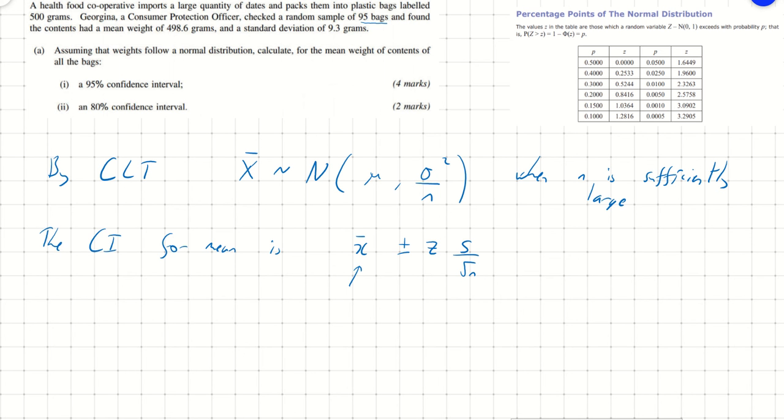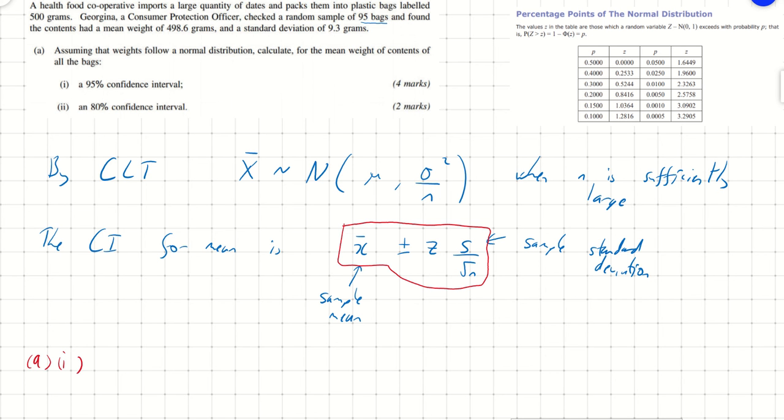Okay, so x bar is the sample mean and s is the sample standard deviation. And this really is the formula that we're going to use throughout this question. I'll put a little red box around it because this is the key formula. The only thing we haven't really talked about is what z is, but we'll do that when we actually answer the question. So let's have a look at part I.